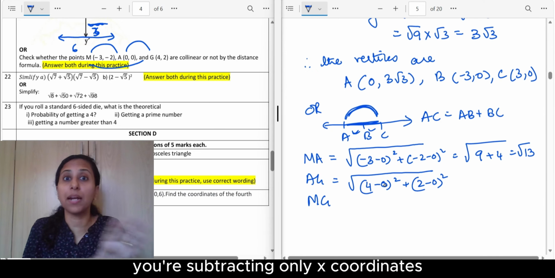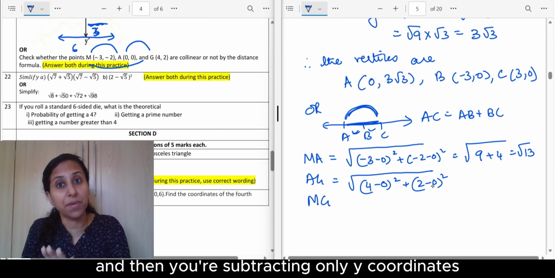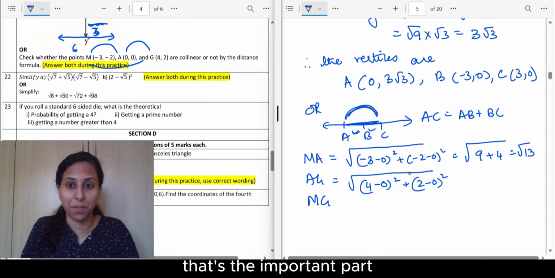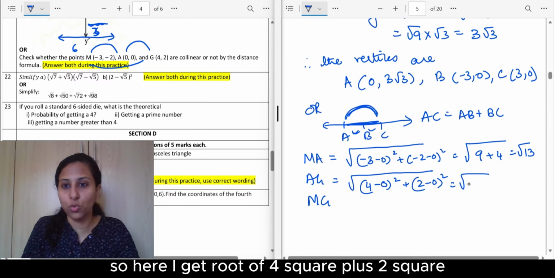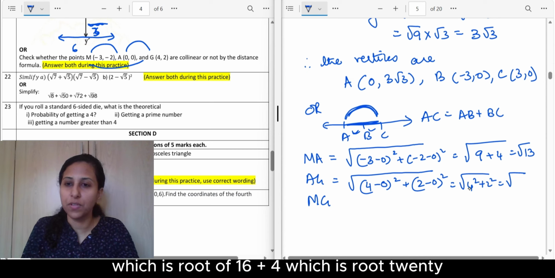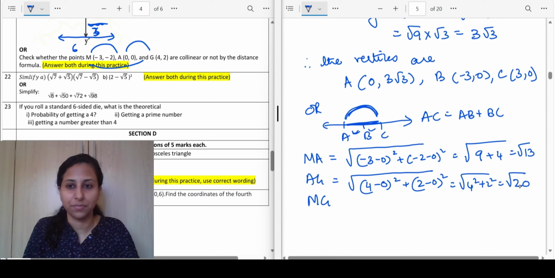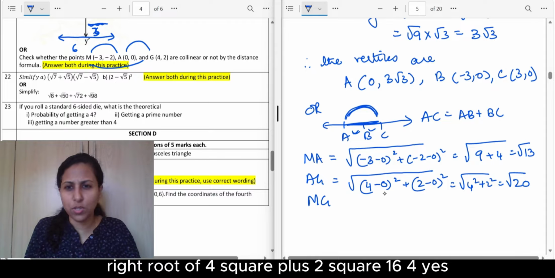The important thing is you're subtracting only x coordinates and then only y coordinates. So here I get root of 4 square plus 2 square, which is root of 16 plus 4, which is root 20.